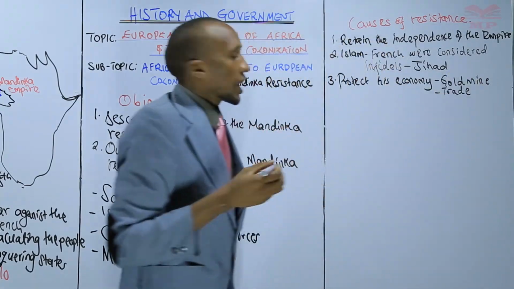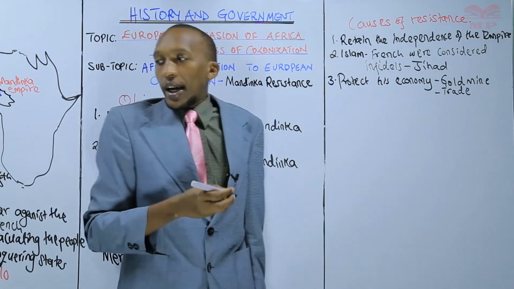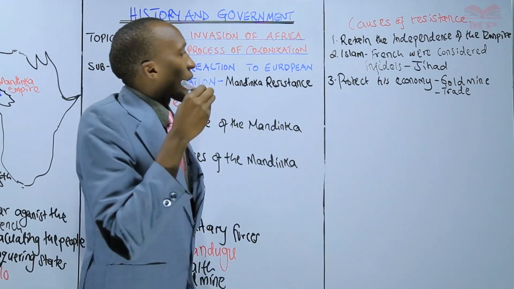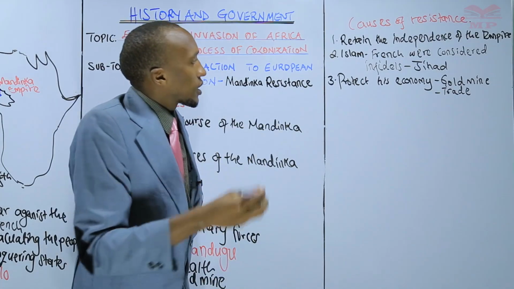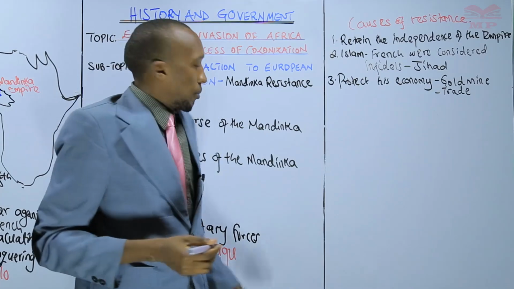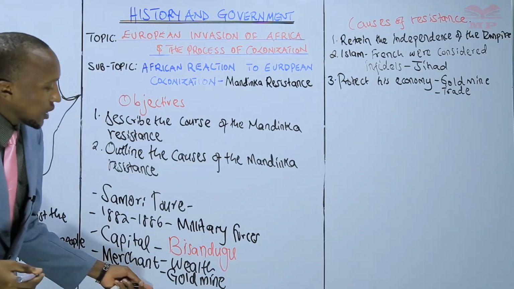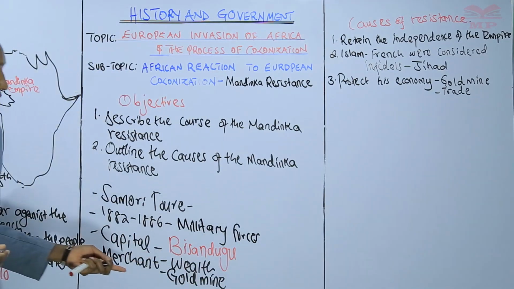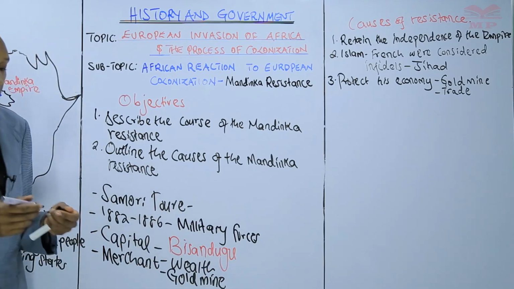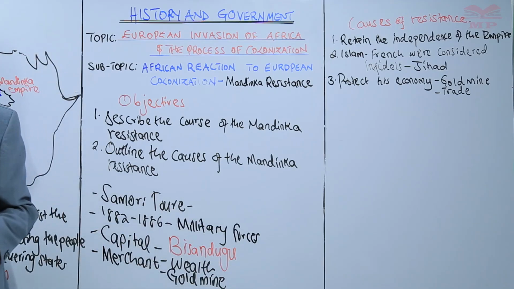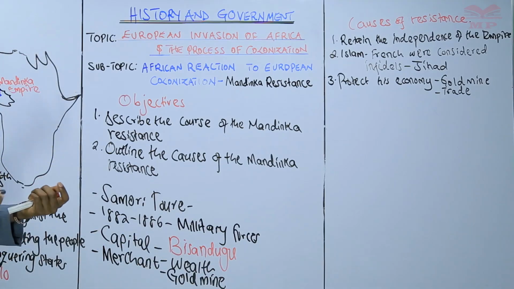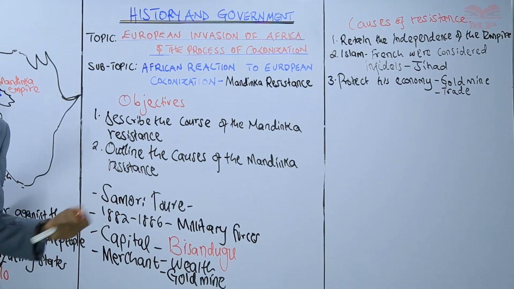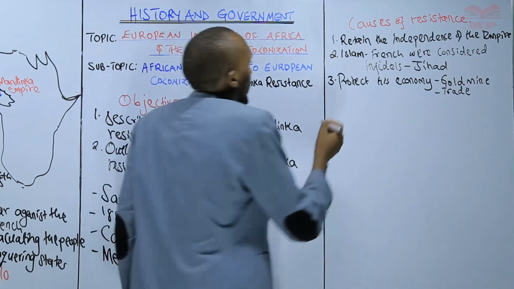He wanted to protect his economy and the trade that he was partaking in. Remember, that was the main center of the empire. That is how he was able to support that vast empire.